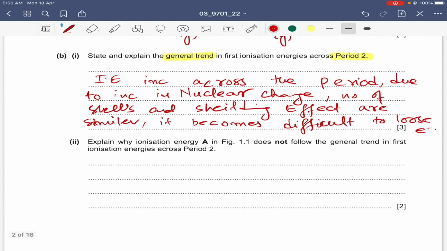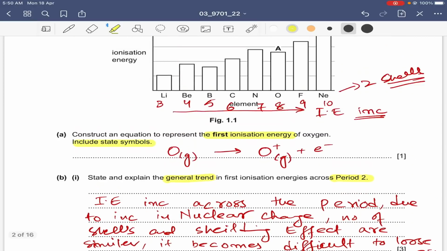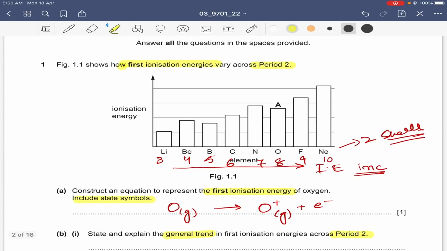Now the next question is, explain why the ionization energy A in figure 1.1 does not follow the general trend in the ionization energy across period 2. So A is not following the general trend. There is another element which is not following the general trend, but here they're only talking about A. So A is oxygen, and oxygen is after nitrogen.